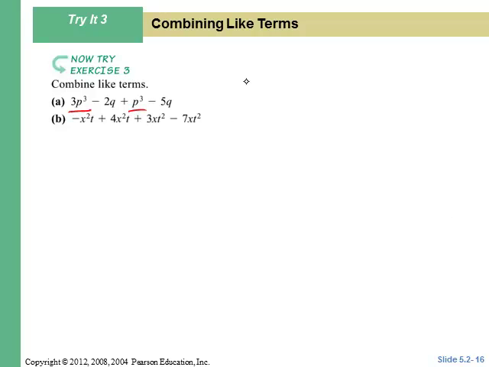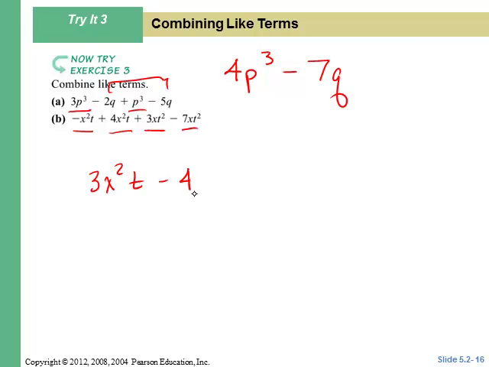All right, we've got some p's. 3p cubed plus 1 more p cubed is 4p to the third, minus 2q and minus 5 more q is minus 7q. Negative x plus 4 is 3x squared t. 3 minus 7 is negative 4x t squared.